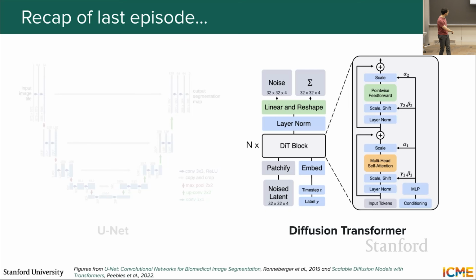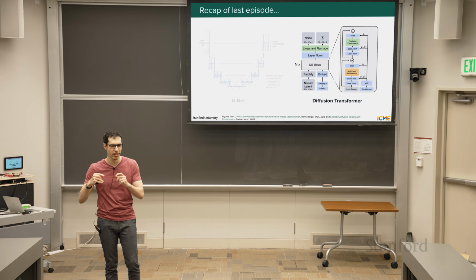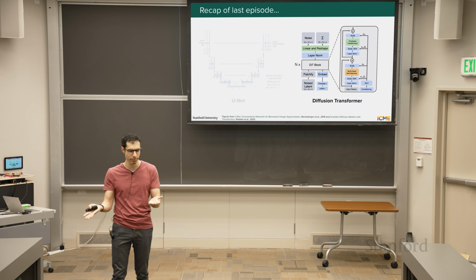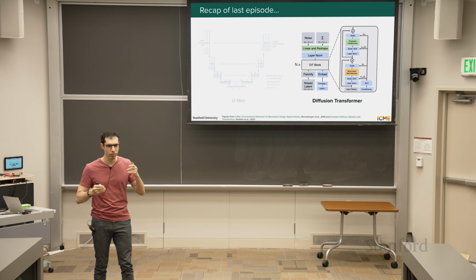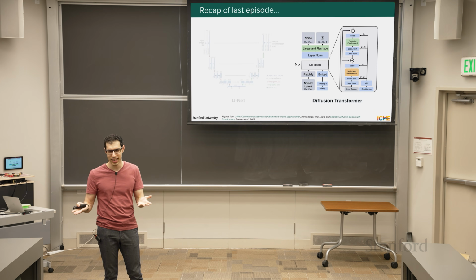So this was motivating us to look at another architecture, the diffusion transformer, published in late 2022, which relies on the concept of self-attention, where each patch of the input latent attends to one another, allowing these direct connections to form. And as a result, we were able to have this concern mitigated.